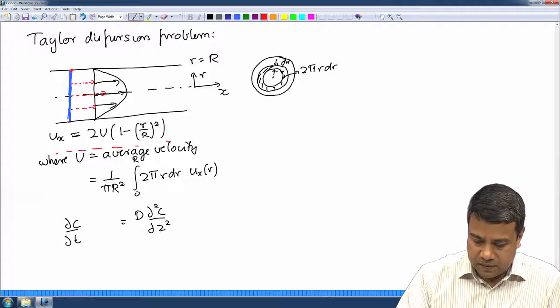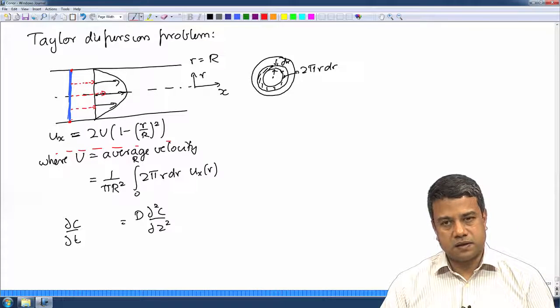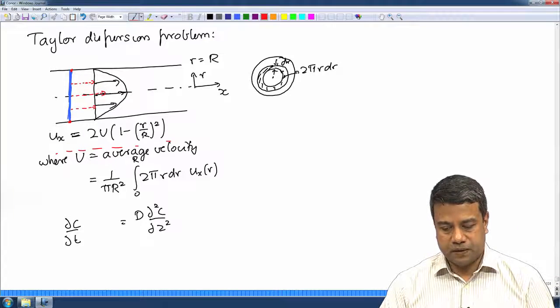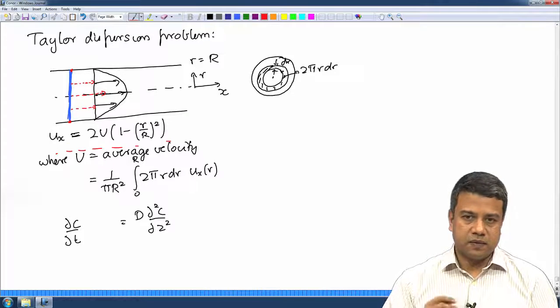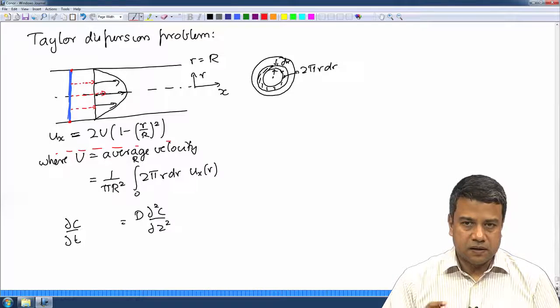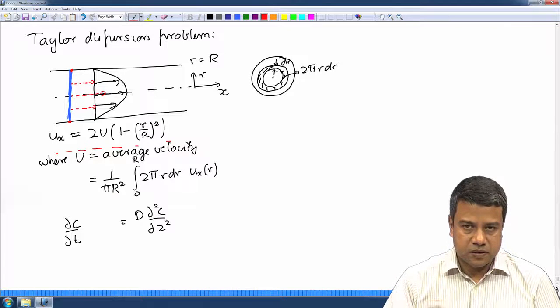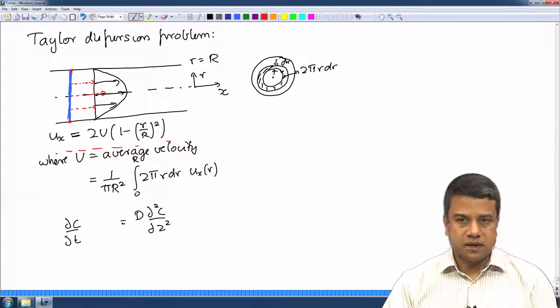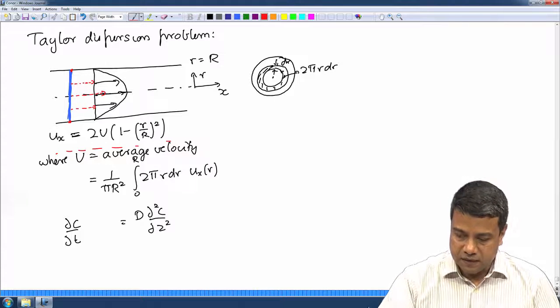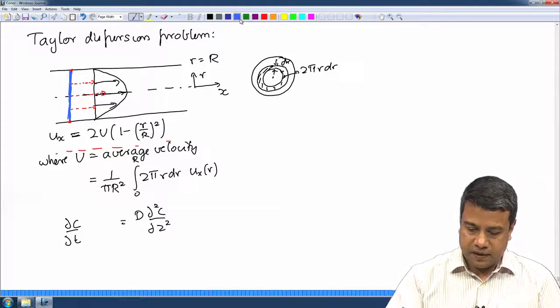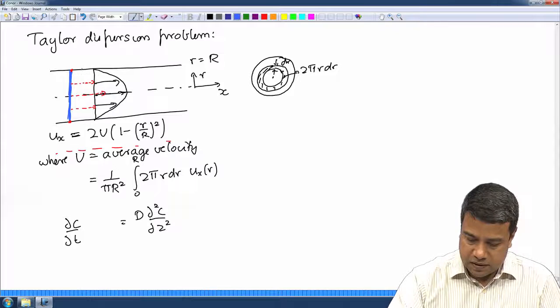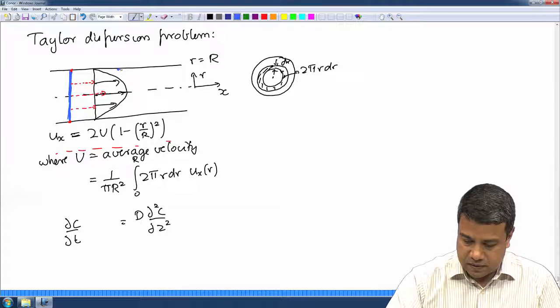At the wall of the pipe itself, the convection is 0. So, therefore, if I look at this little element of the solute that was introduced at that location within the pipe, after some time, as it moves downstream, it is going to look something like this.